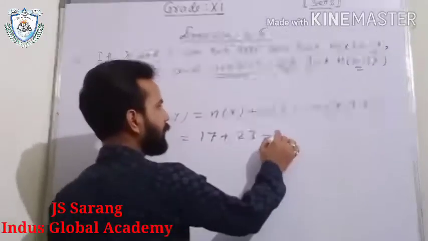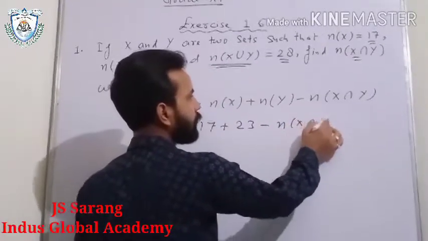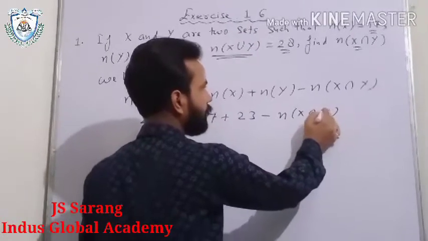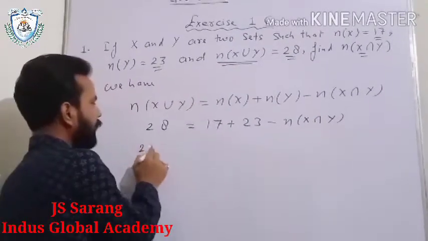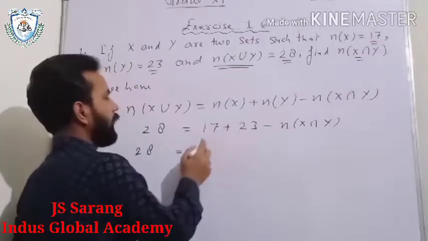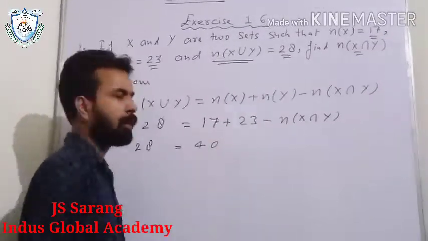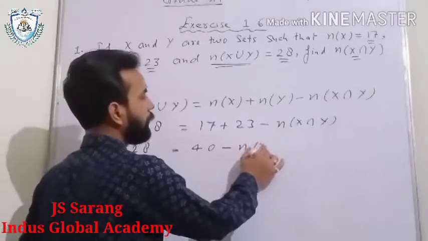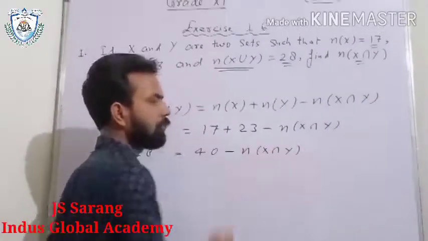So it will remain same. Now see, 28 will remain same. 17 plus 23, that is 40, minus number of elements in X intersection Y.